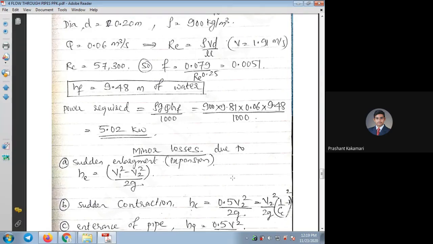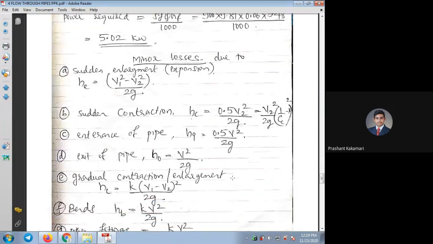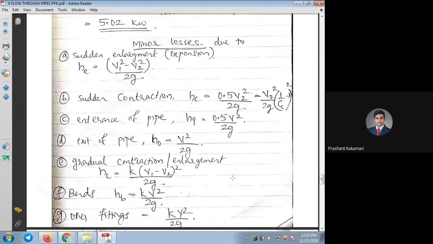One is the sudden enlargement. All of you can imagine a pipe having an inlet diameter, with more diameter as the inlet flow. Once the flow continues, what will happen? The name itself indicates sudden enlargement.